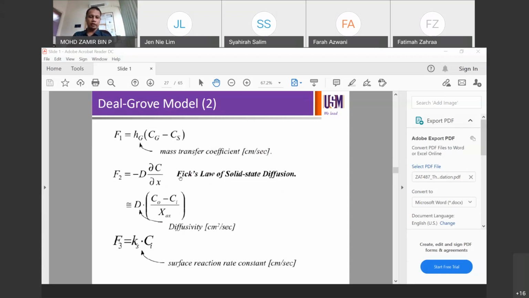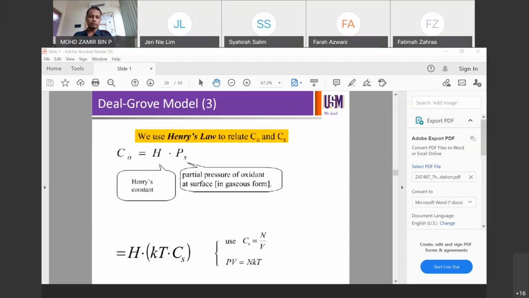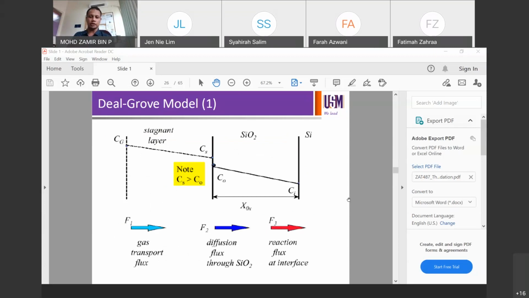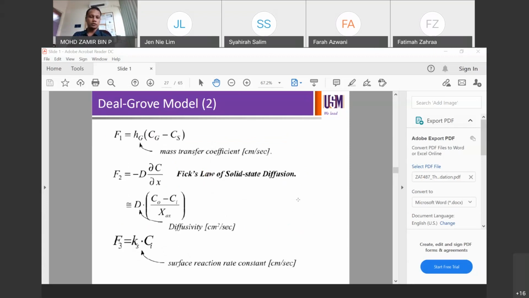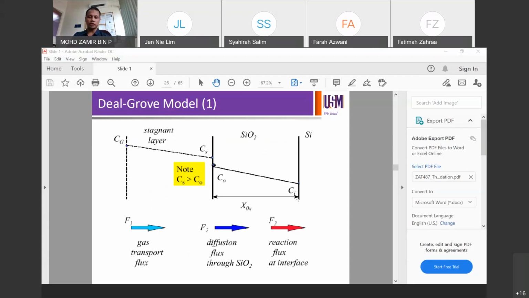So F3 is the final flux where the reactant already reached the silicon surface. So that will be given by Ks, where Ks is the surface reaction rate constant, times Ci. Ci is the concentration of the reactant reaching the surface of silicon. Okay. So this explains the 3 steps of the Deal-Grove model.